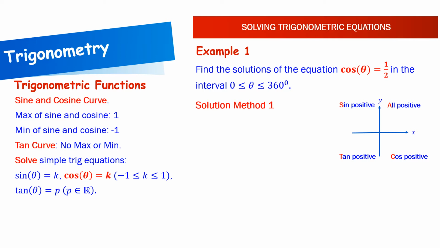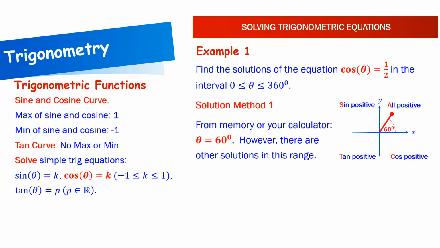In the second quadrant, only sine is positive. In the third quadrant, only tan is positive. And in the fourth quadrant, only cos is positive. Now, from your memory or from your calculator, you will be able to find that theta is equal to 60 degrees. However, there are other solutions in this range.